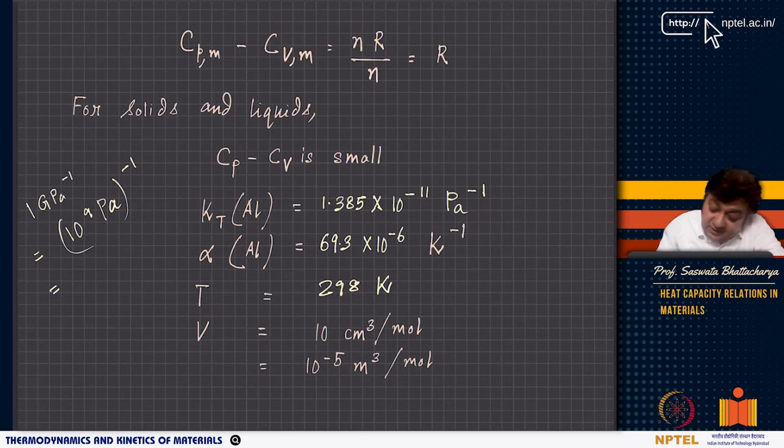For solid aluminium, the isothermal compressibility is 1.385 times 10 to the minus 11 Pascal inverse, and alpha is 69.3 times 10 to the minus 6 per Kelvin. Let us take the temperature T equal to 298 Kelvin, which is room temperature, 25 degrees Celsius.